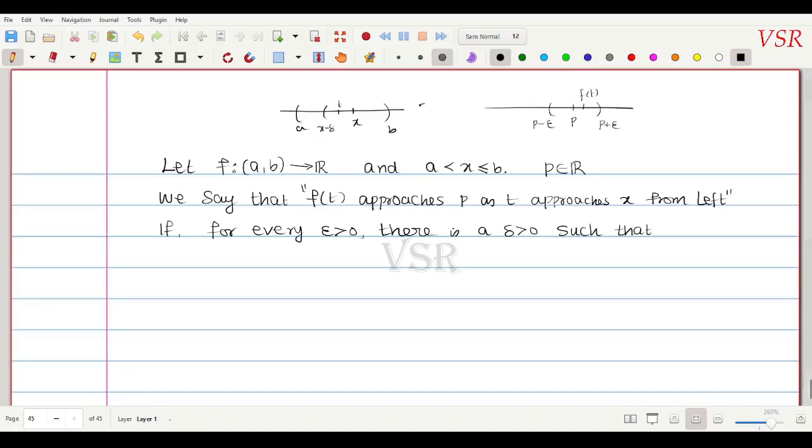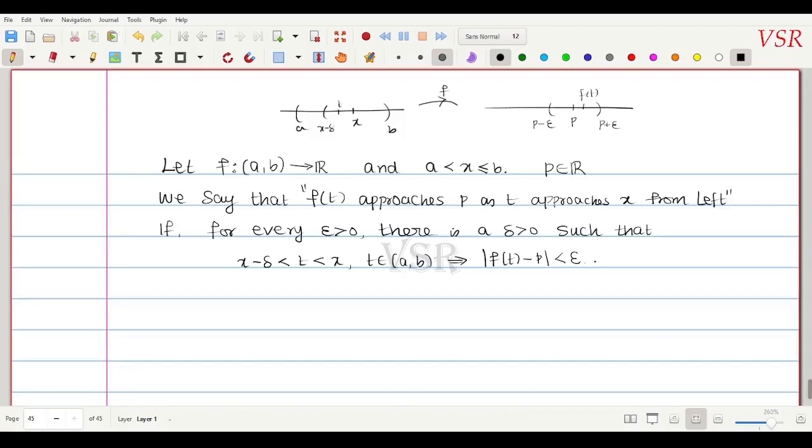அப்ப இந்த இடத்துல t இருந்தா f of t will always belong to here. So this is my function f. Is it okay? So whenever x minus delta is less than t which is less than x, and t belongs to open interval a comma b, this must imply that modulus of f of t minus p is less than epsilon.